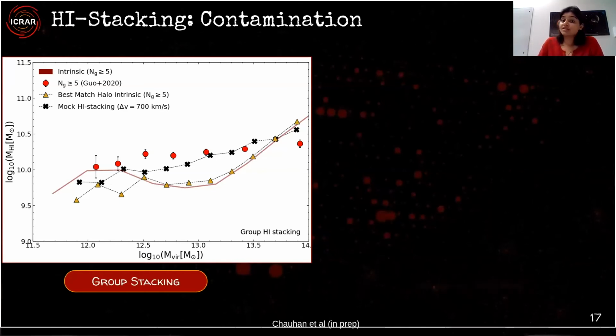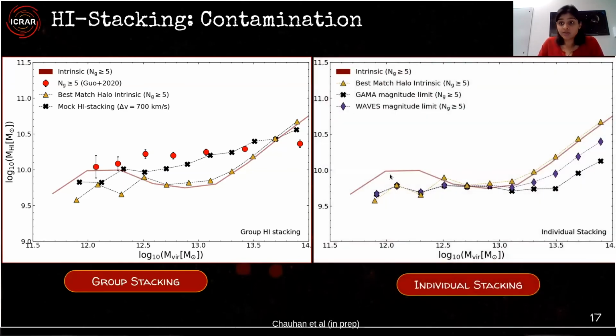We do the same contamination test with the individual stacking technique, which I'm showing on the left over here. Intrinsic, again, is all the halos with at least 5 or more galaxies below the gamma limit in this case, because that's when individual stacking is coming in. Then you have the best match halos, the same as always.